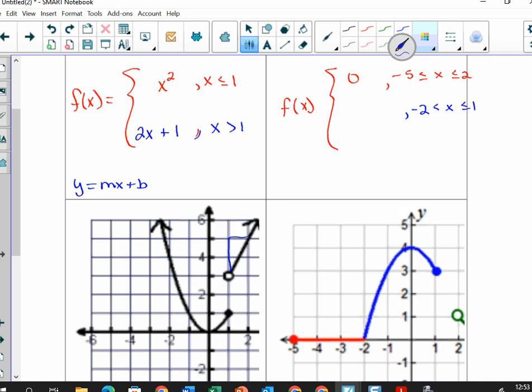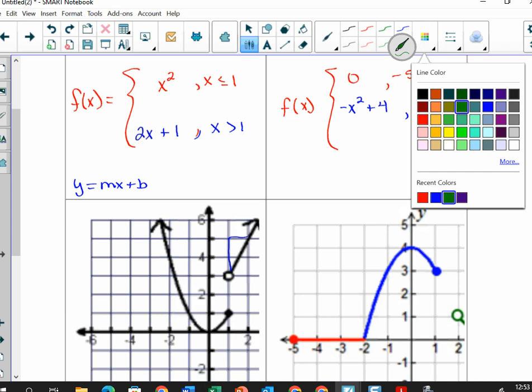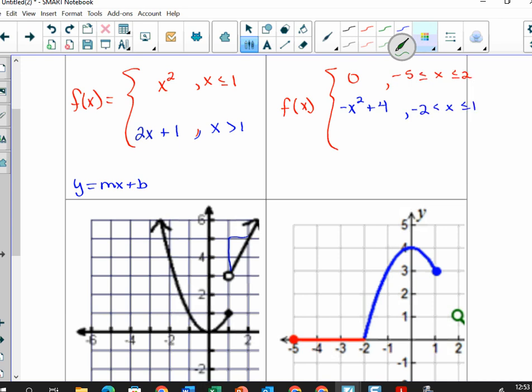Okay, that's fine. This is an upside down parabola, shifted up 4. Last piece, I see a negative slope, right? It's going downhill. If I followed it over, it would cross the y-axis at 3, and that happens when x is bigger than 2. Okay? I'll leave that up there.